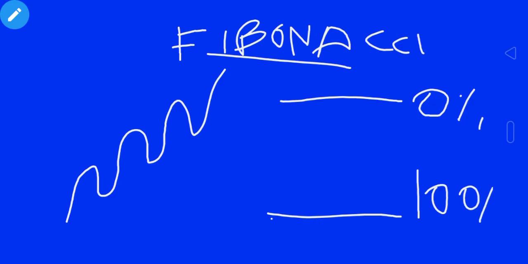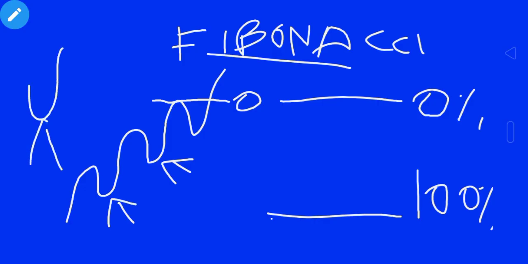There is a 0% line and there is a 100% line. You will have to place the 0% line on a resistance level and the 100% line on any of the bottom levels, bottom swings. These are swings. From where the price reverses in a U shape, we call it swing.